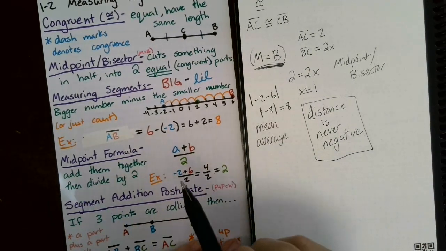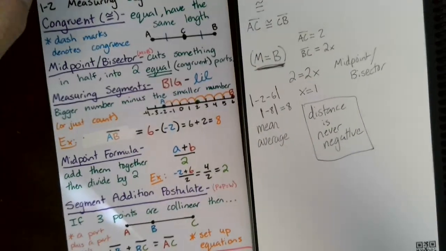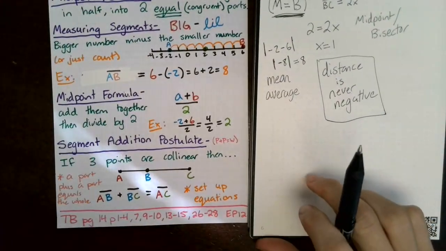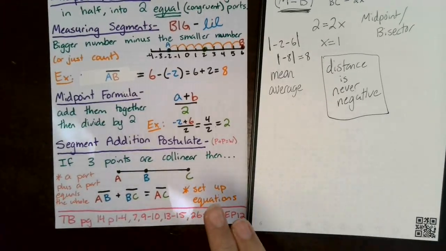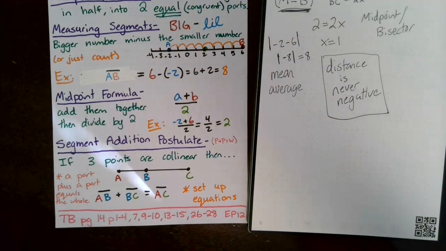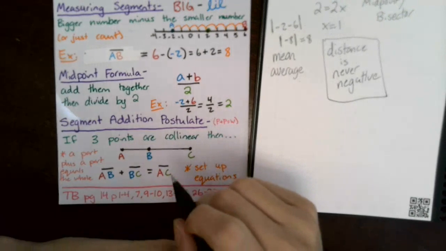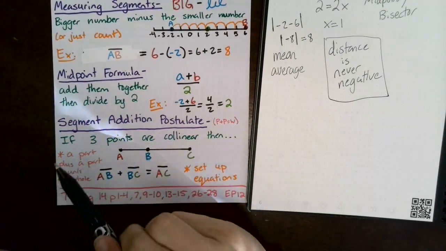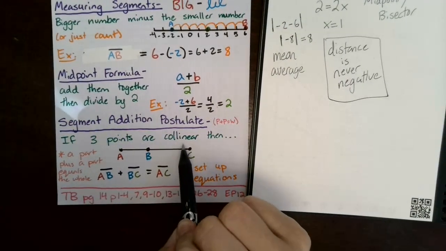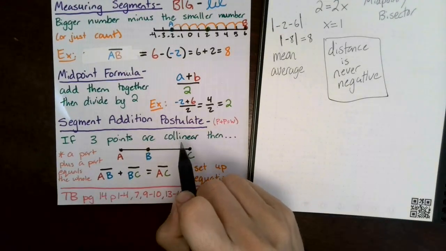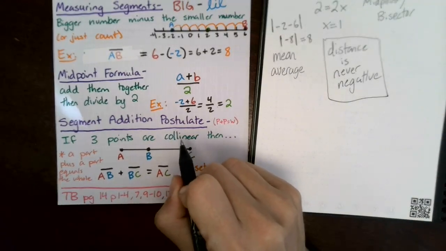So we talked about the midpoint formula. Now let's talk about the segment addition postulate, okay? It's a really fancy word. Postulate is just another fact. It's just something to acknowledge what is happening here. So if 3 points are collinear, now if we remember back to 1-1, what collinear means, it means points that lie on the same line.